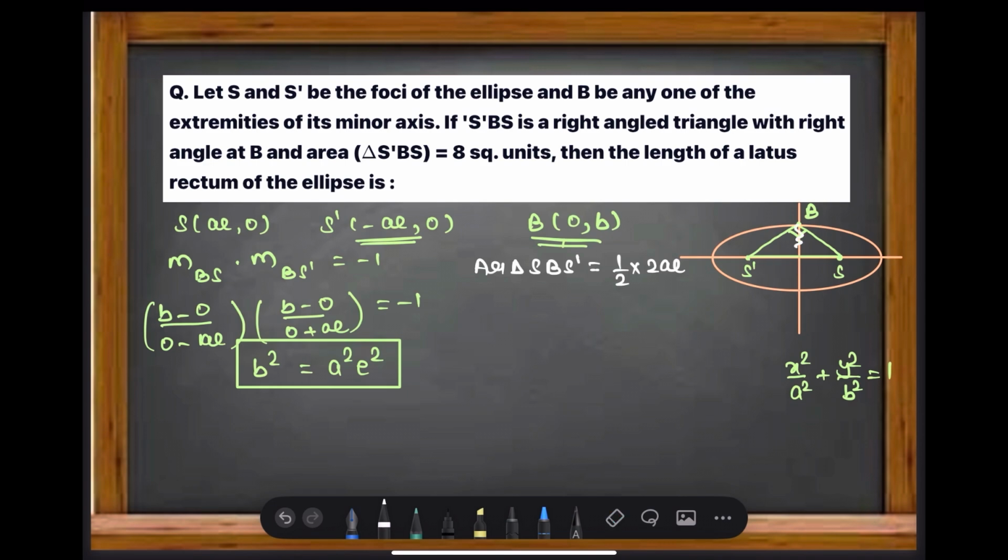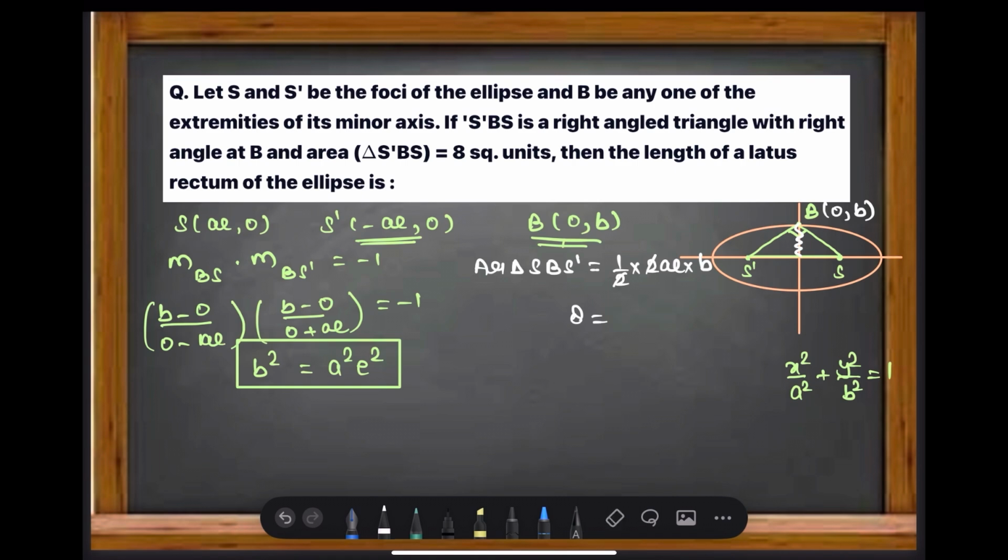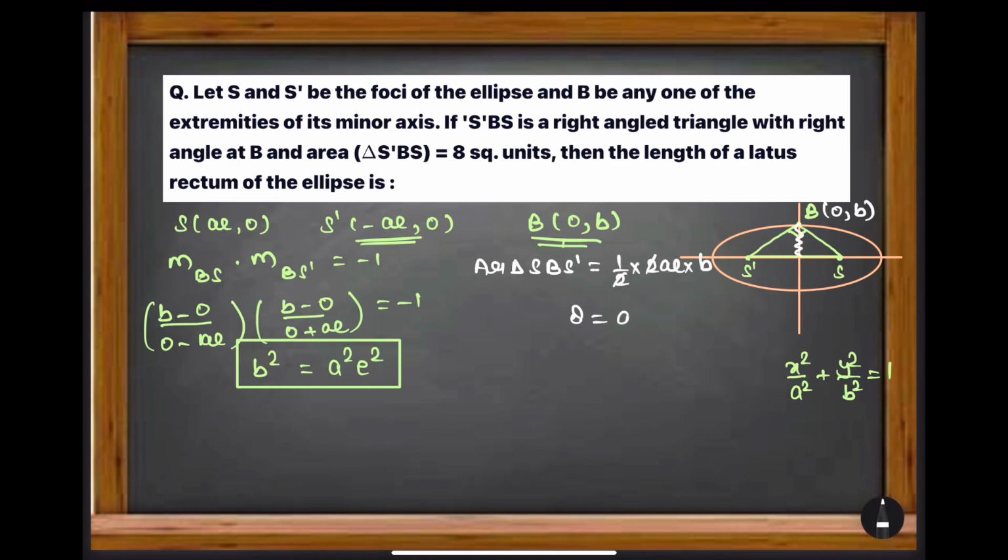This thing is the height. The B coordinate is (0, b), so the height will become the y coordinate, b. According to us the area is this, but according to them the area is 8. Let's simplify. So can I say that abe is 8? So we got another relationship.